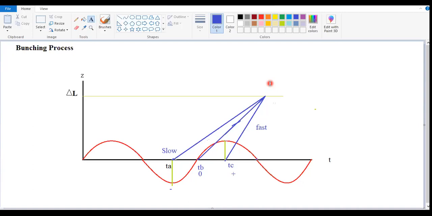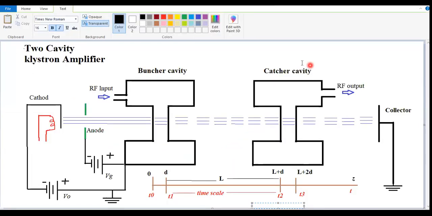And the other topic is the reflex klystron. Instead of the two cavity klystron, which we have discussed now, the two cavity klystron has some disadvantages.